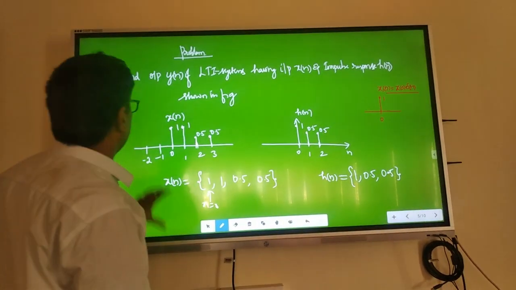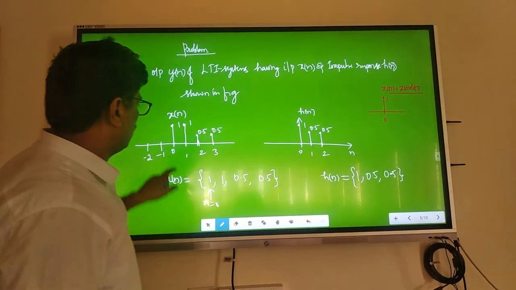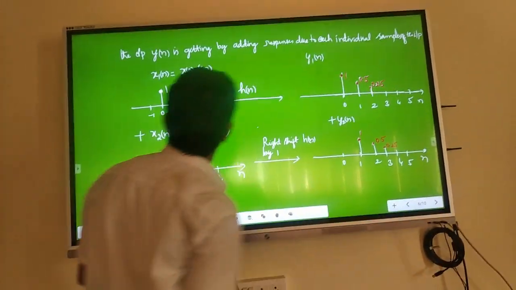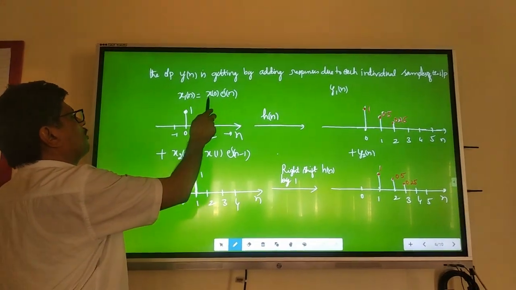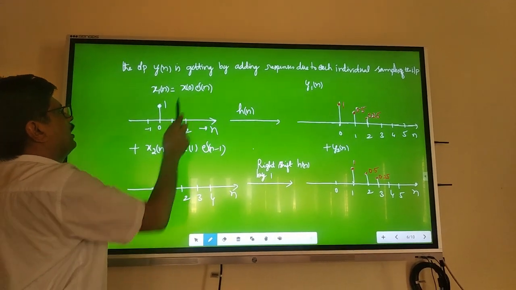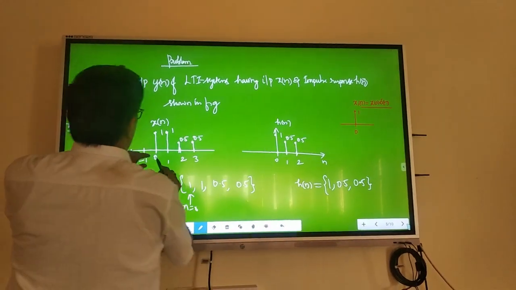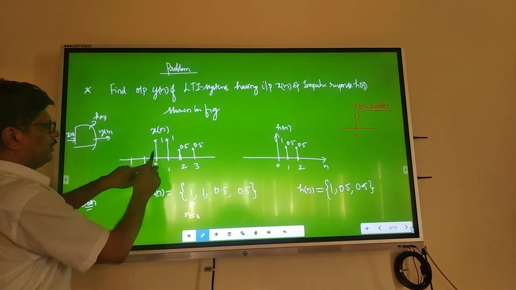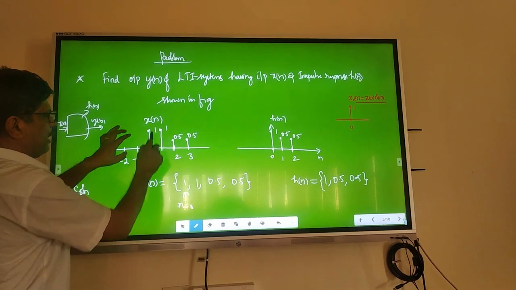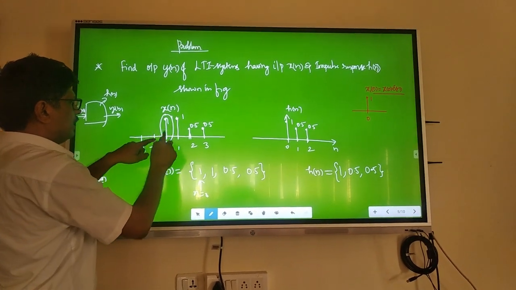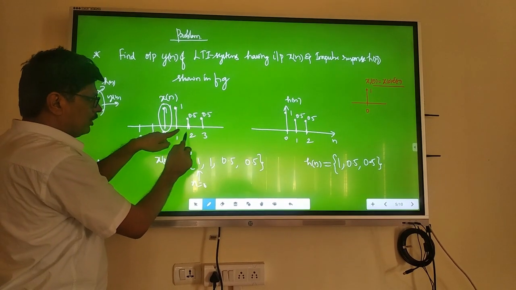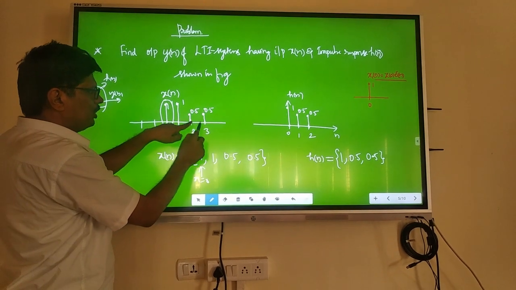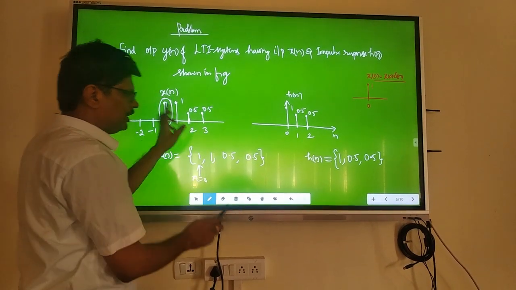Now, first let me write: x of n is this, h of n is this. First write x1 of n, the first sample. x1 of n is equal to x at 0 into delta of n, and its value is 1. x of n is x0 delta of n plus x1 delta of n minus 1 plus x2 delta of n minus 2 plus x3 delta of n minus 3.